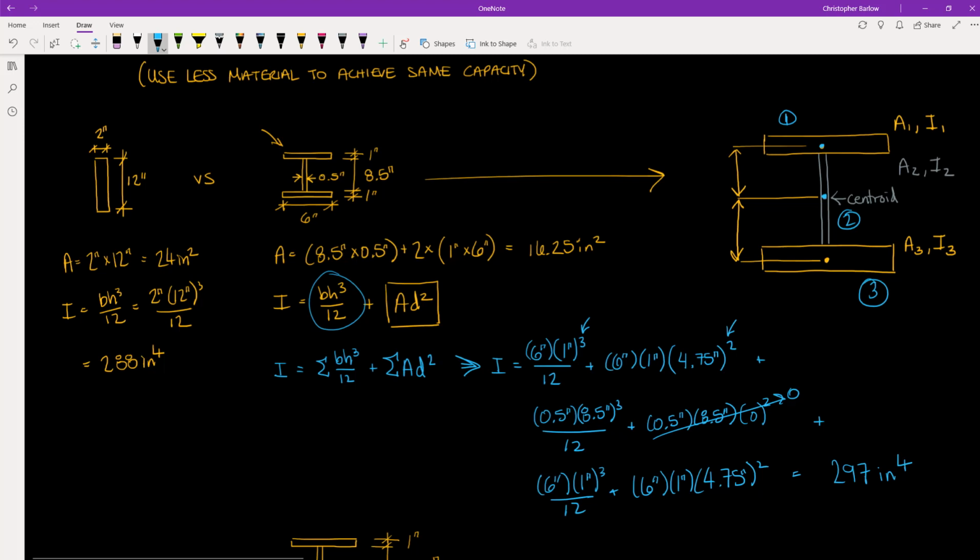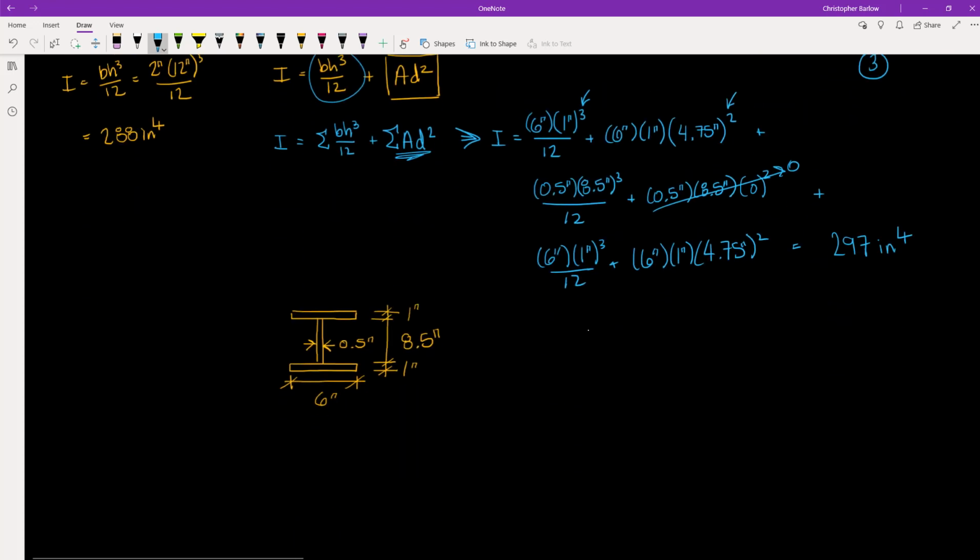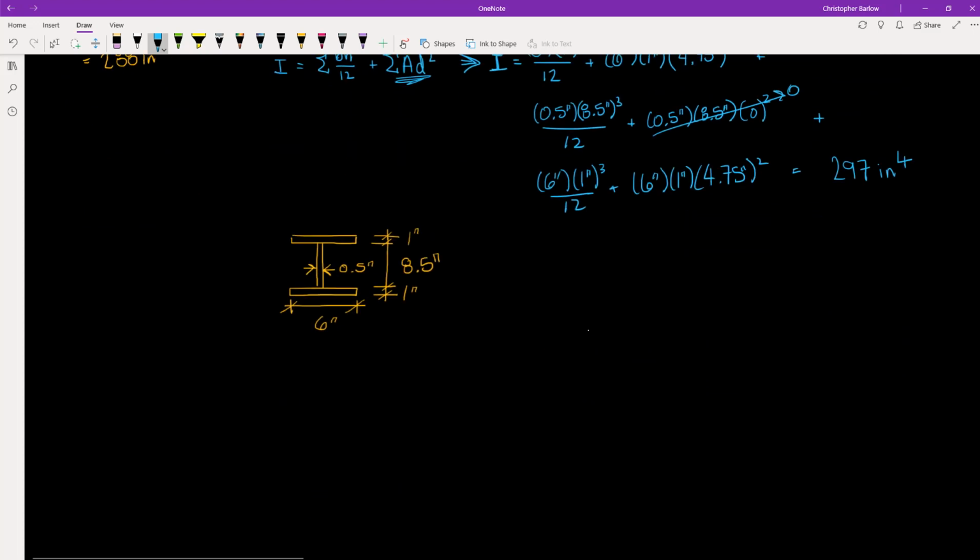Now, if you don't like this parallel axis theorem equation and this d squared term, there's also another way that we can calculate this moment of inertia for the total section. And that is by considering the total area bounded by the extreme dimensions of the object, and then subtracting out the negative spaces.